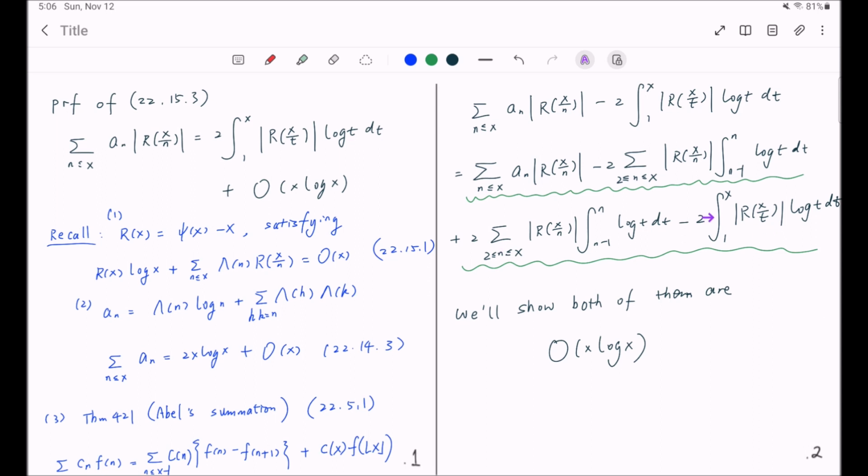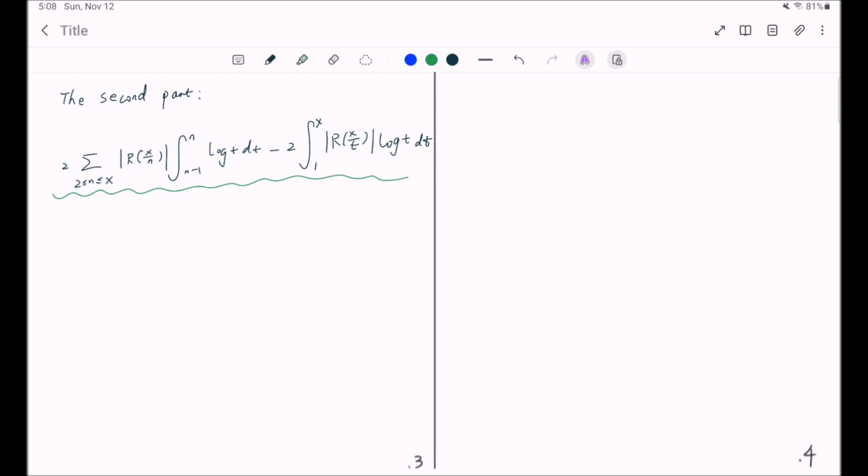Let us simplify this part. The simplification for this part is relatively straightforward. First, let's put the absolute value outside of the whole thing. And we split this integral so that it aligns with the upper limit of the sum.